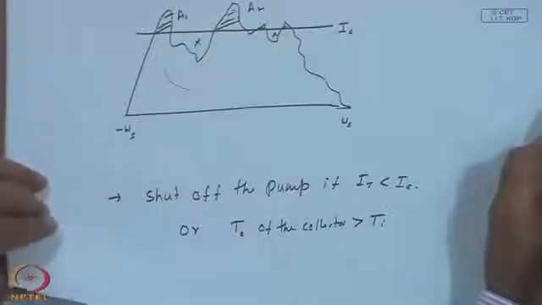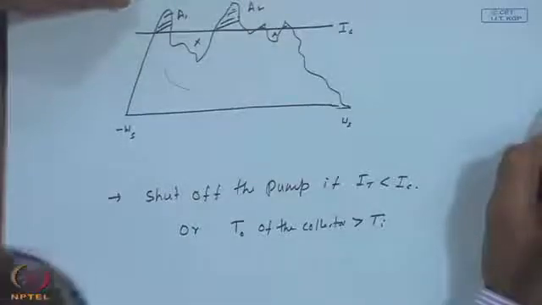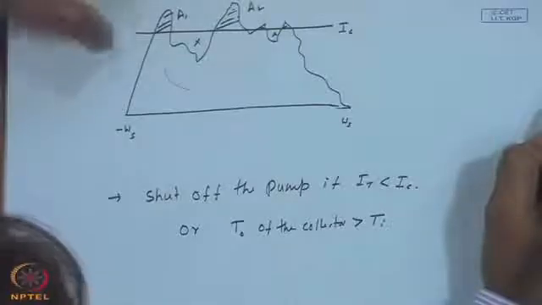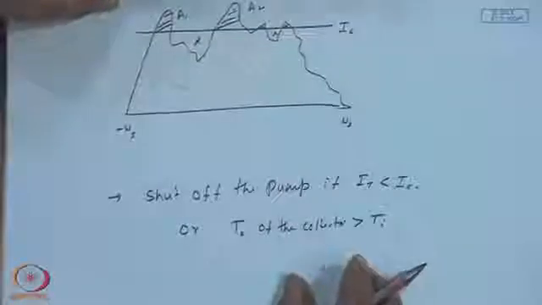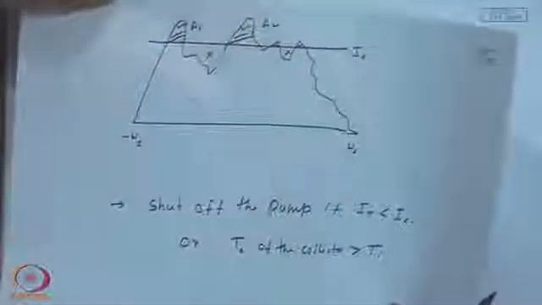This is where the practical difficulties I was mentioning will come in when you run a system scale experiment or even a component scale experiment. The control may not be able to shut it off exactly when T o is greater than T i. How much greater? It will have a bandwidth of 5 degrees or 2 degrees or 3 degrees, and consequently my shutting off or starting will not be exactly according to the mathematical control.